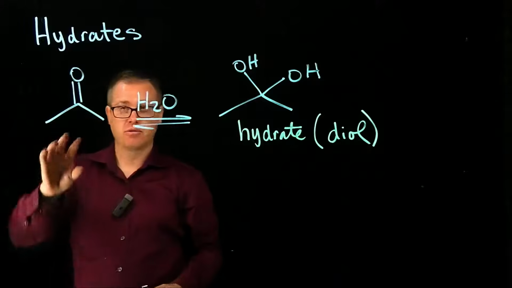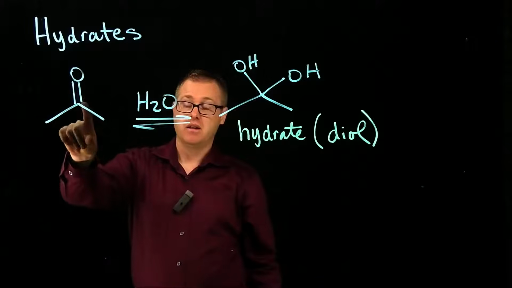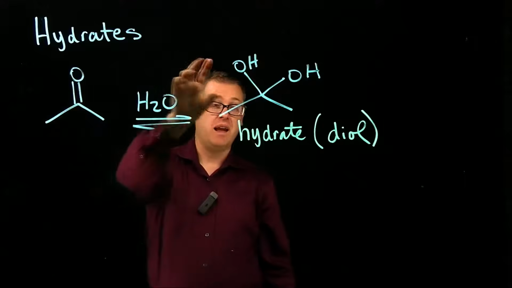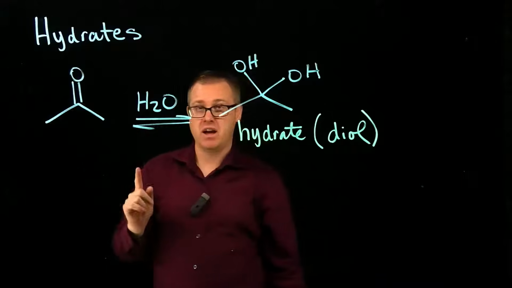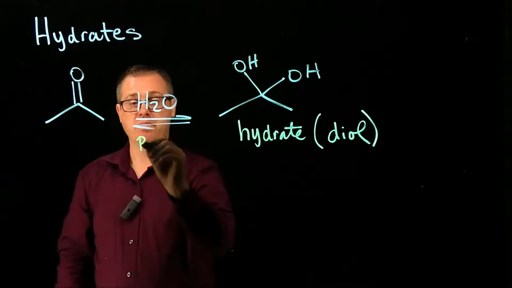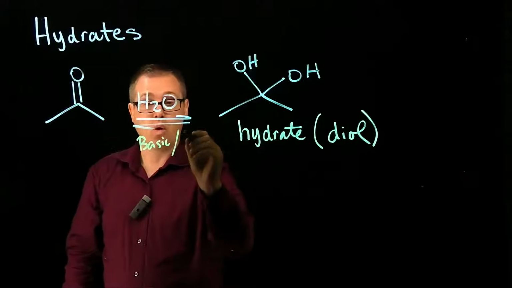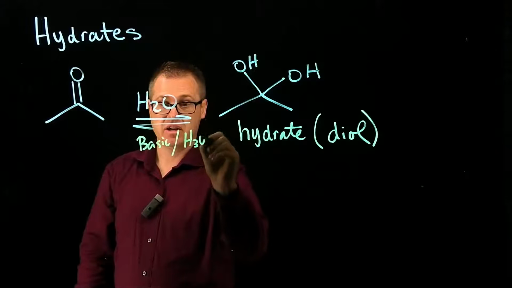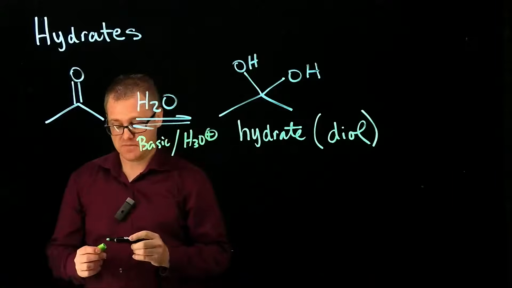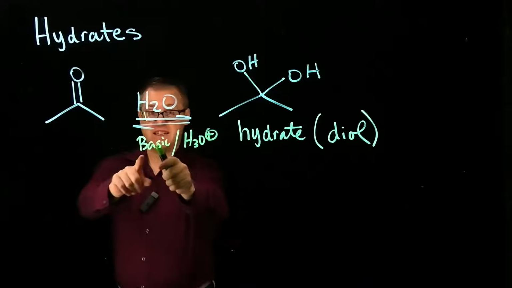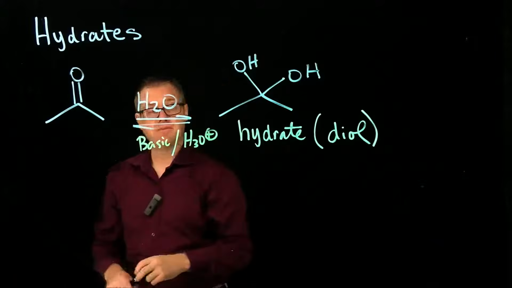So if we want a really complicated ketone to become a hydrate, we have to up the ante by putting it under basic conditions or acidic conditions. You get to choose. You can't do these at the same time, so you have to do them separately.